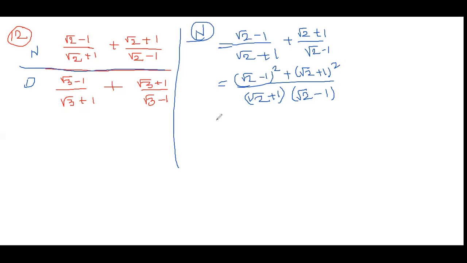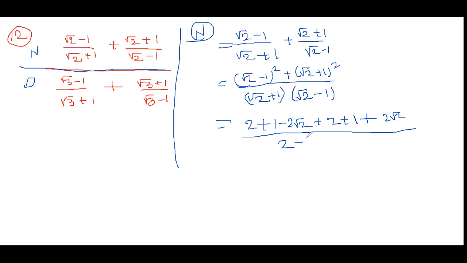Right? Then the next simplification: numerator is 2 plus 1 minus 2 root 2 plus 2 plus 1 plus 2 root 2. Apply the (a plus b) whole square and (a minus b) whole square. And the denominator is (a plus b) into (a minus b), a square minus b square, that is 2 minus 1.